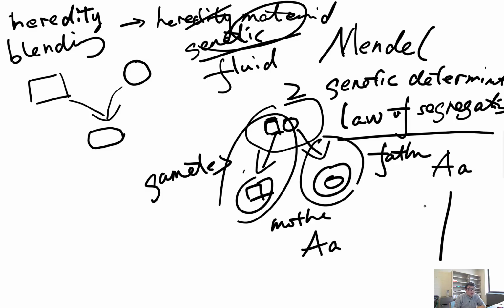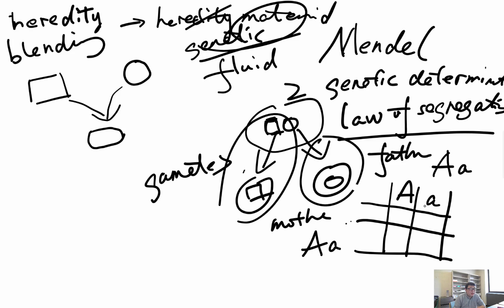When the father is generating his own gametes, capital A and lowercase a are separated from each other, and the mother is the same. Then the father and the mother have a chance to combine with each other. They generate all different possibilities, and this is a Punnett square.